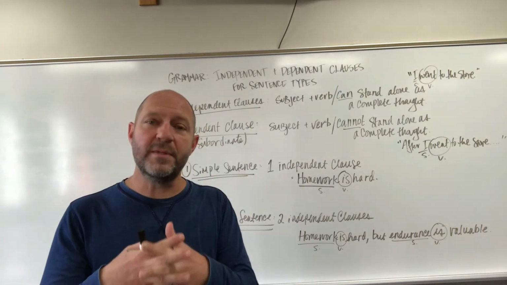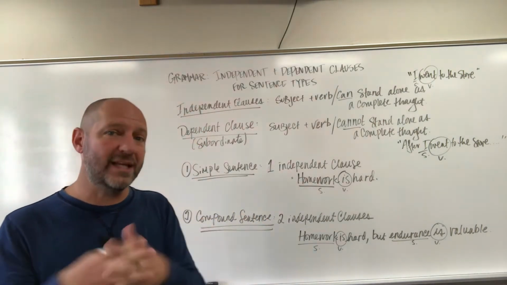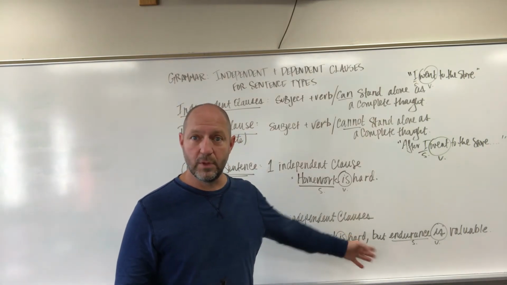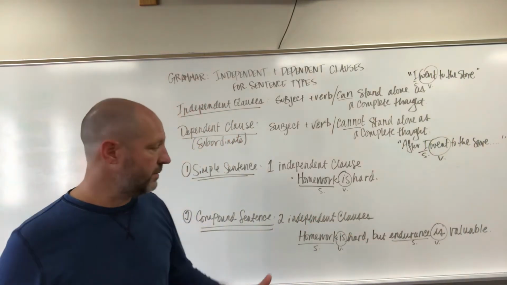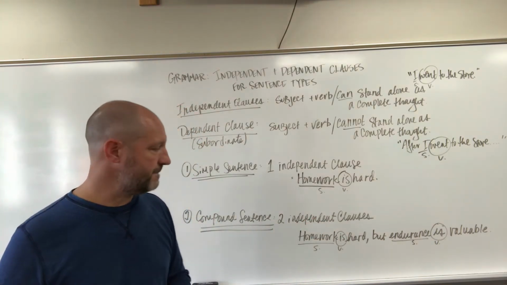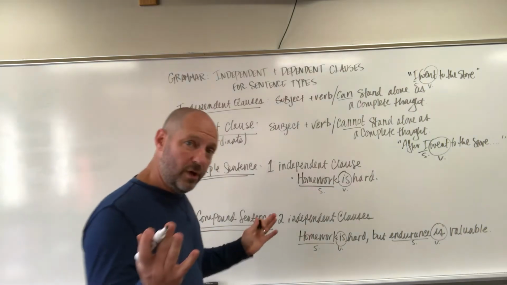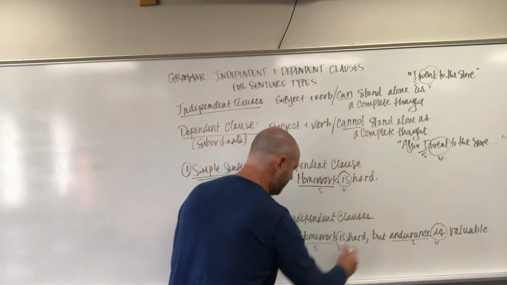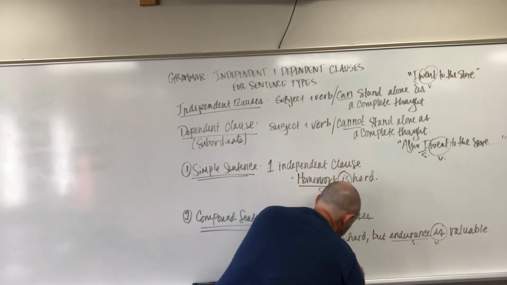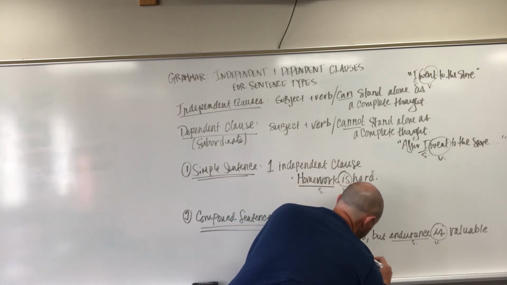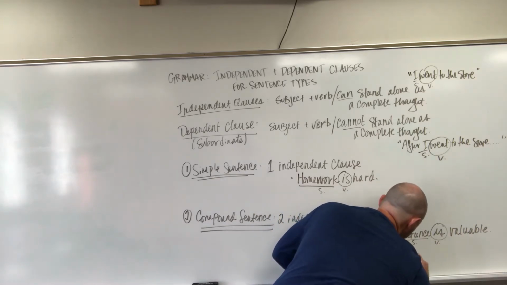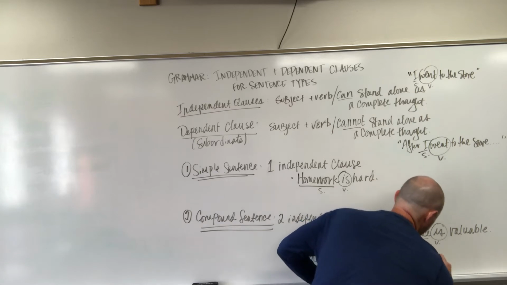So we've put them together in our sentence with a comma and a conjunction. That's option number one: homework is hard, but endurance is valuable. We could also, if we wanted not to use this, say homework is hard, semicolon, endurance is valuable.